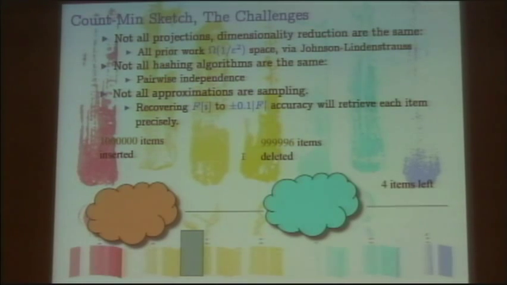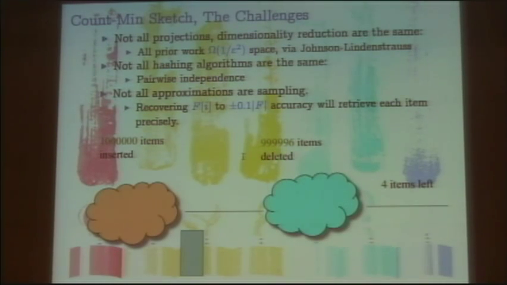Eventually, you have a stream that only consists of 4 items, and you have 1,000 bytes as memory. If you use a sampling procedure and keep track of 1,000 items out of a million, there's very little probability that you would keep the 4 items that the adversary is going to leave behind. Right? Your chance of hitting all the 4 items is going to be very small.